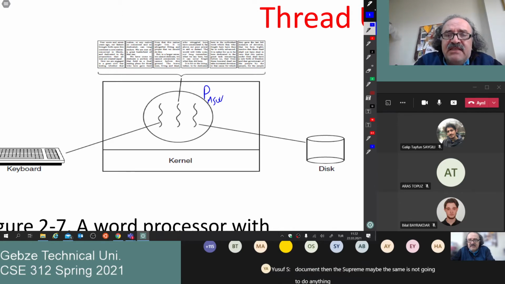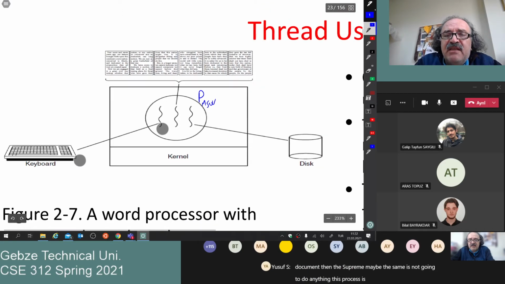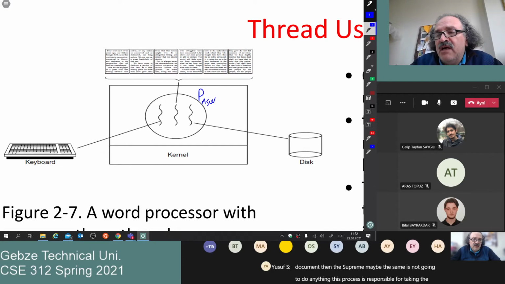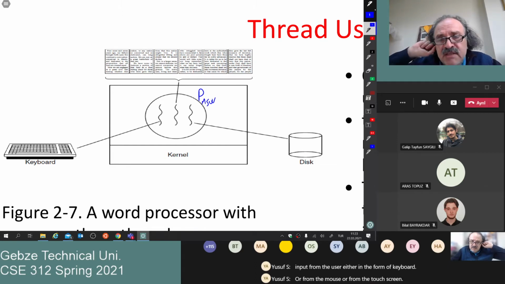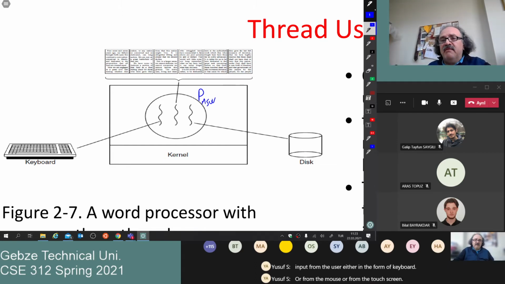This thread is responsible for taking the input from the user, either from the keyboard, the mouse, or the touch screen. So as you see, there could be many more threads running in my Microsoft Word.